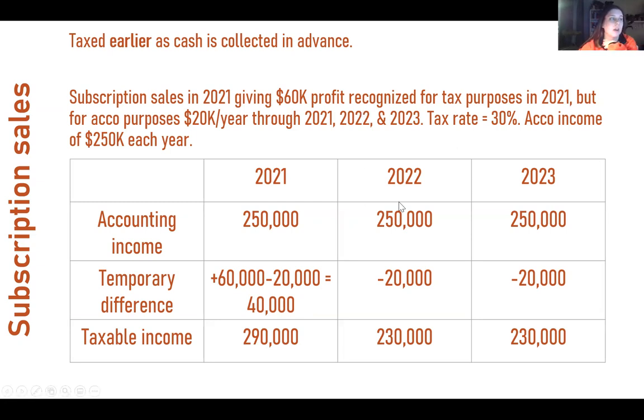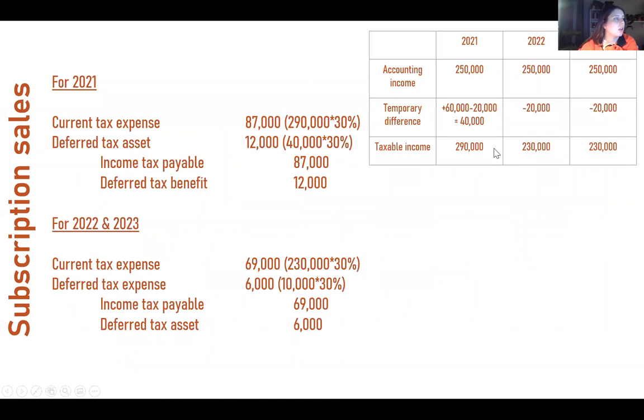For 2022, in your accounting income, you also accrued $20,000, but you didn't receive any money. So tax wants you to remove it to show the actual cash that you received during the year. And same thing for 2023. So for 2021, your current tax expense is, same thing, taxable income times your tax rate.